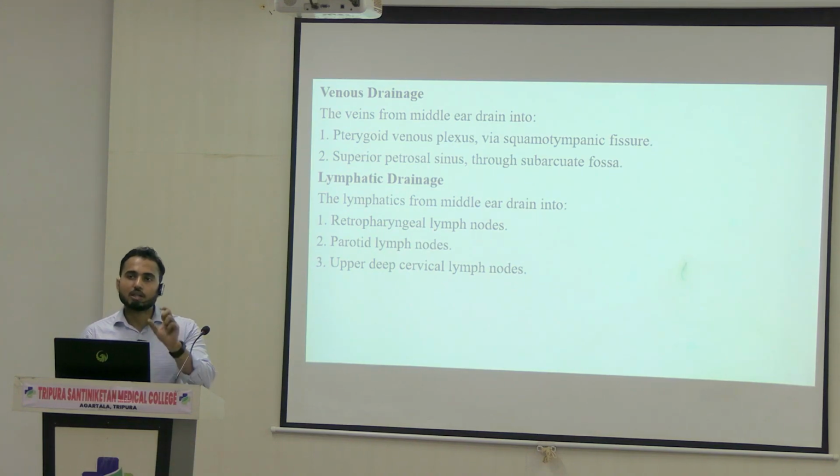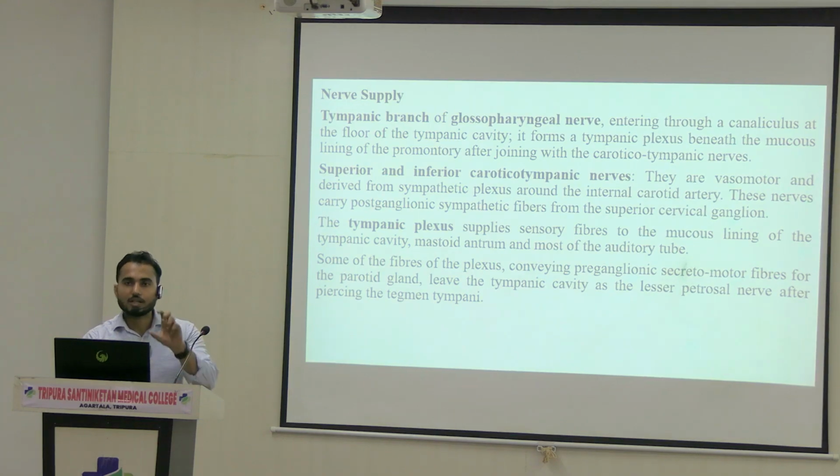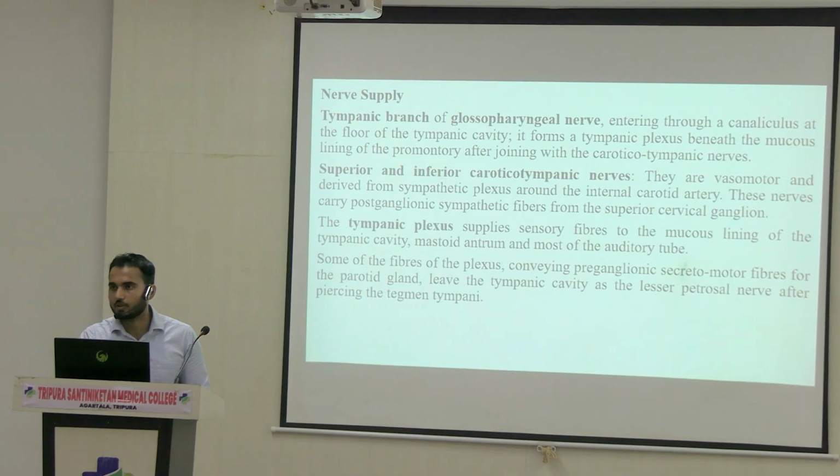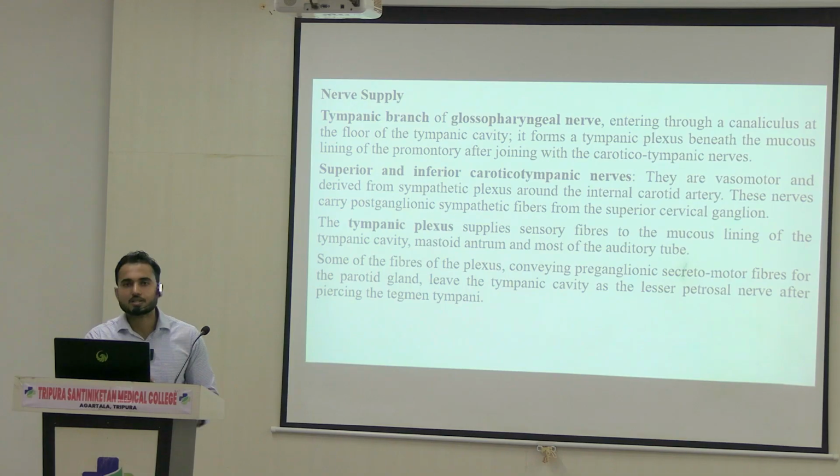Okay. Now, the most important and you can say the complex part is the nerve supply. Why is it complex? Any idea? Because the tympanic plexus is formed, and you have to understand how the tympanic plexus is formed. Till now, whatever we have discussed, have you noticed what nerves are present inside the cavity? First is the facial nerve.